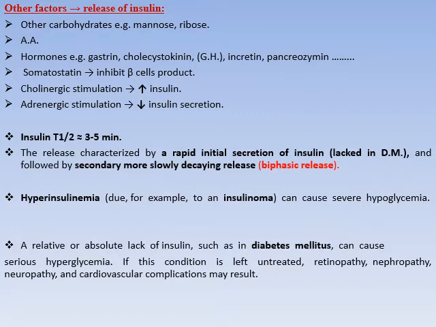We have biphasic release of insulin. We have the rapid initial secretion after the food intake, followed by a secondary slow release of insulin. Also insulin can be secreted in large amounts when we have a tumor like insulinoma, so this will cause severe hypoglycemia.